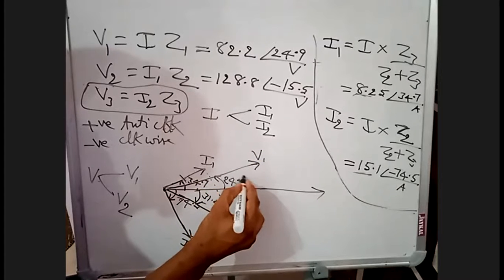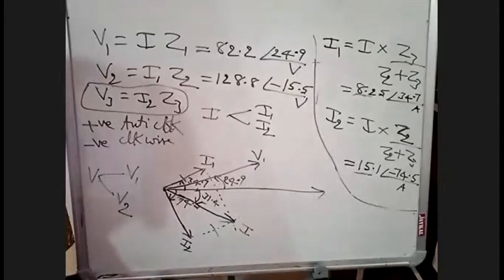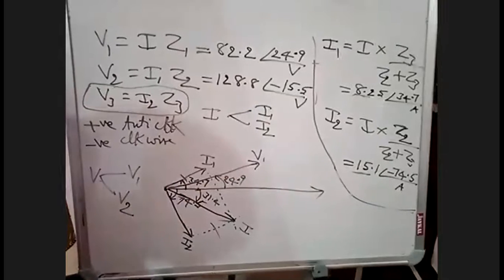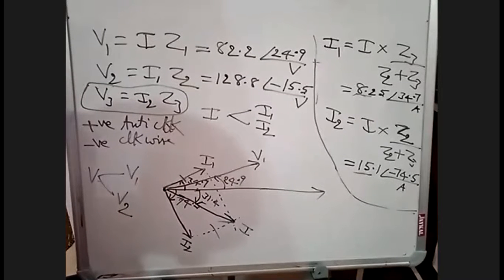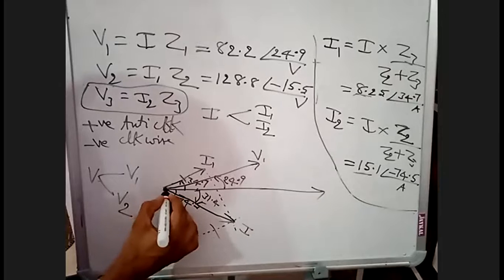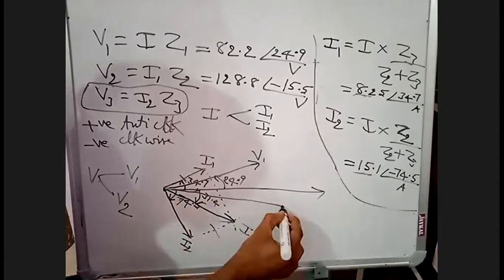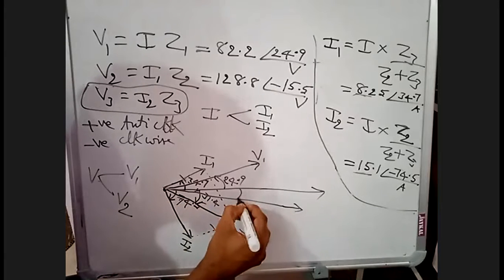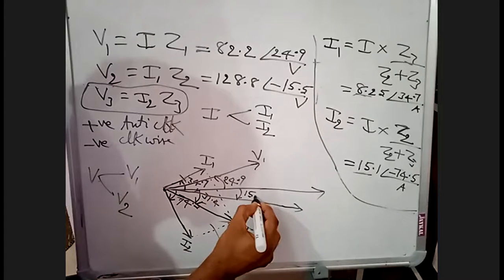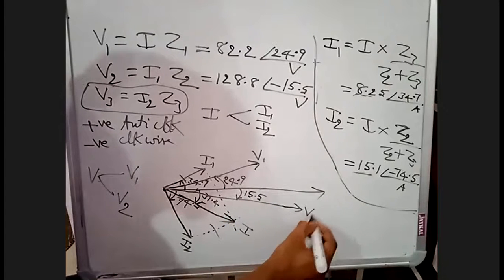Now what is V2? What is the angle? Minus 15.5. Negative means clockwise. I am taking 15.5 in the clockwise direction. This is V2.